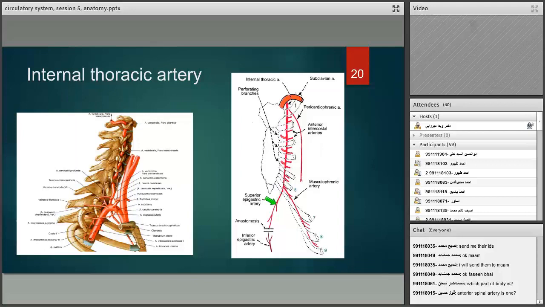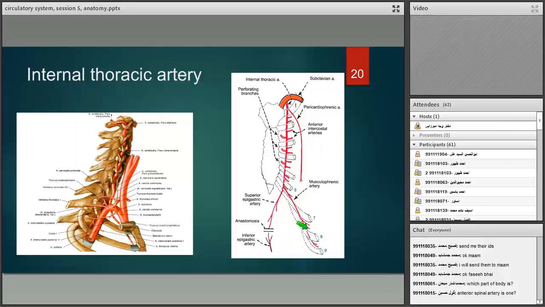The musculophrenic branch is passing in the costal margin and sending the anterior intercostal branches to the 6th, 7th, 8th, and 9th intercostal spaces. Okay?